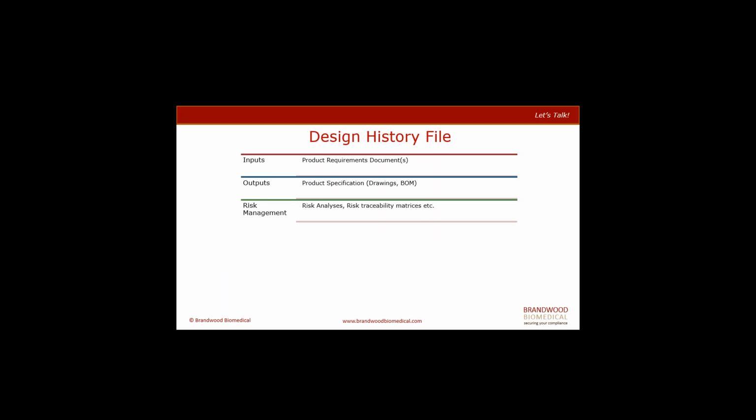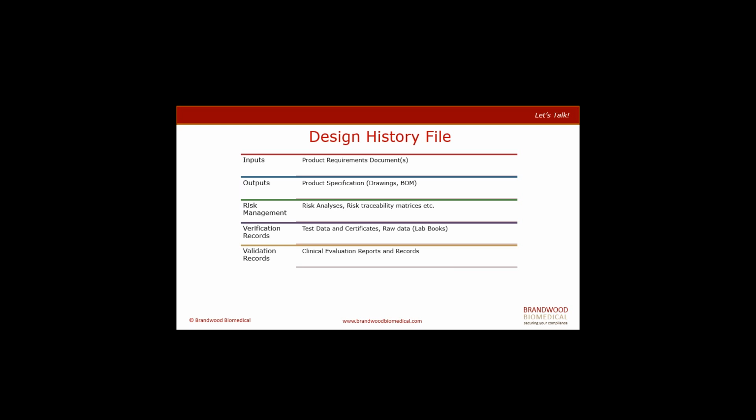Your risk management file, which will include risk analyses such as failure mode effects analysis processes, your risk traceability matrices, etc. Your verification records, test data and certificates, raw data such as lab books. Your validation records, clinical evaluation reports, and those reports.